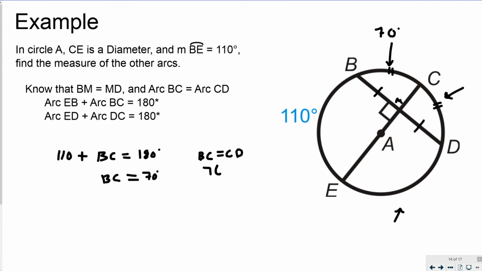So 70 equals CD, so this is 70 degrees over here as well. And then it's the same idea. Arc ED plus 70 degrees, since I know that DC is 70, equals 180. So ED is equal to 110 degrees as well.